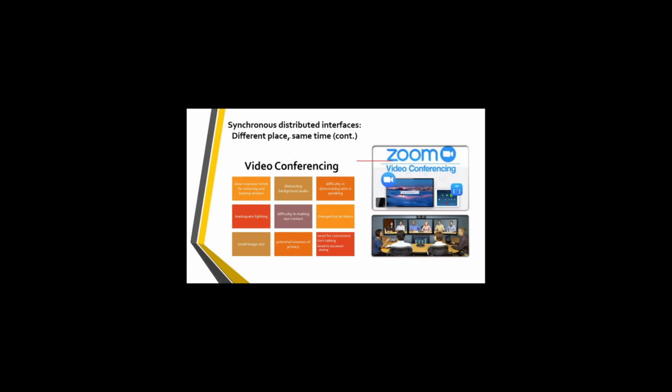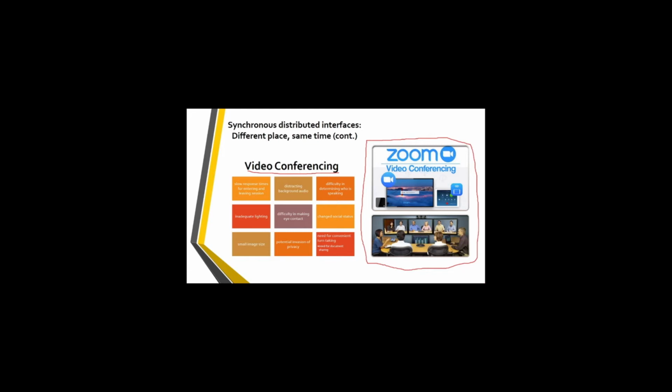Video conferencing is also one of the examples of synchronous distributed interfaces. We usually use Zoom. Anyone haven't tried Zoom before? I think every student in this class has tried Zoom. We used Zoom in one of our online lecture classes, if I'm not mistaken, in chapter 3.